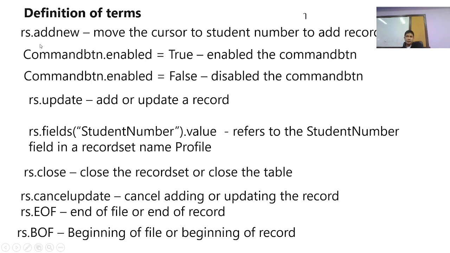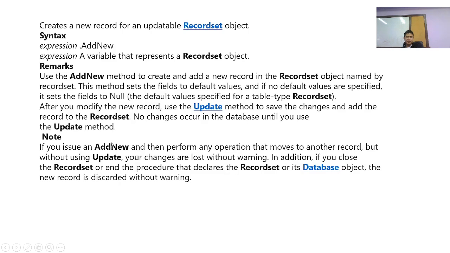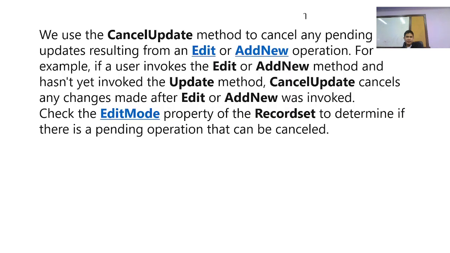If you don't want to add the records, you can use rs.cancel update. You see, we use the cancel update method to cancel any pending updates resulting from an edit or add new operation. You can see here.